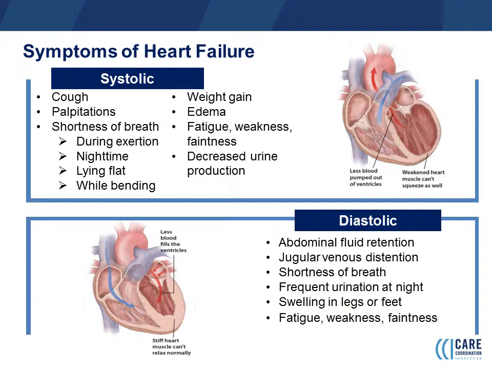The next picture demonstrates the blood returning to the heart from being reoxygenated. The blood comes in from the vena cava through the right atrium, through the tricuspid valve, into the right ventricle, to the pulmonary artery.